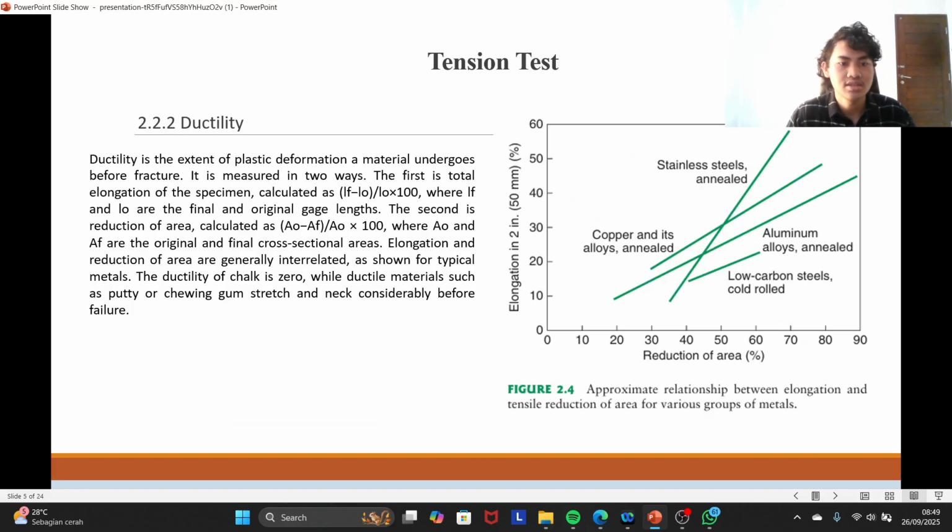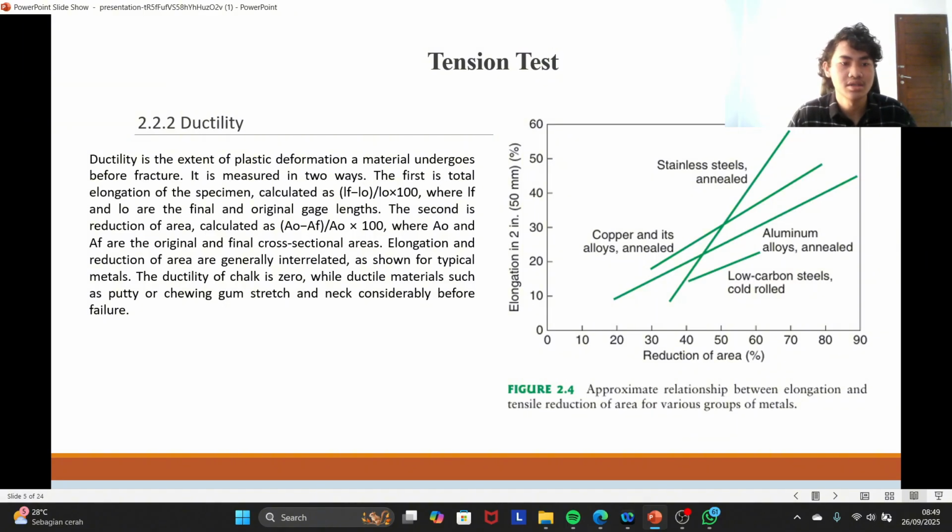Ductility is the extent of plastic deformation a material undergoes before fracture. It is measured in two ways. The first is total elongation of the specimen, calculated as (Lf minus L0) over L0 times 100, where Lf and L0 are the final and original gauge lengths.